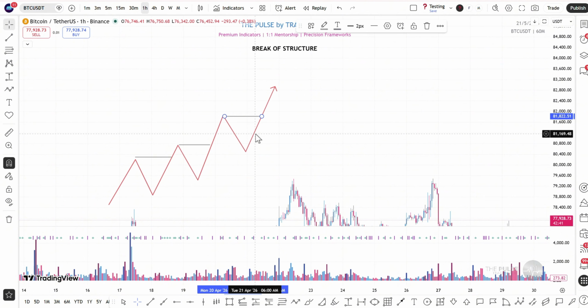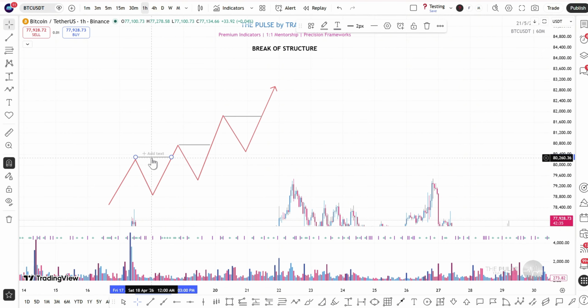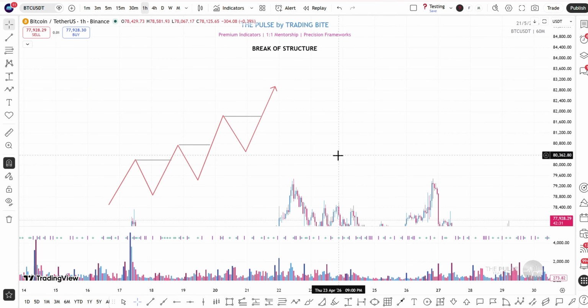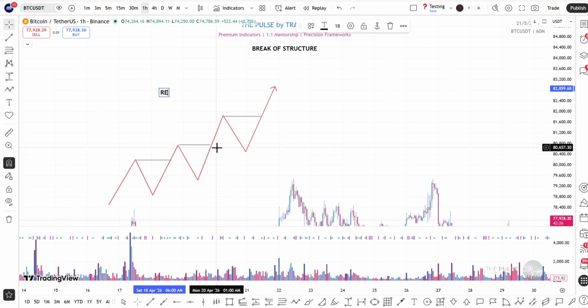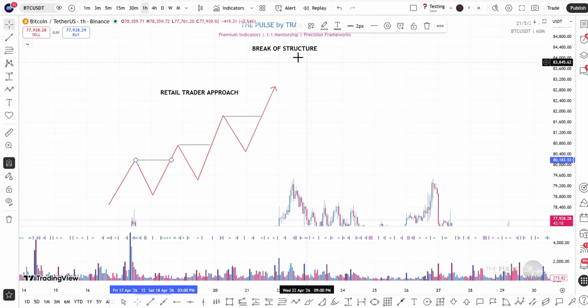So this is a wrong approach. We cannot say it is a right approach. This is a retail trader approach, and this is a wrong marking. This is a wrong calculation. So basically, this is not a break of structure.